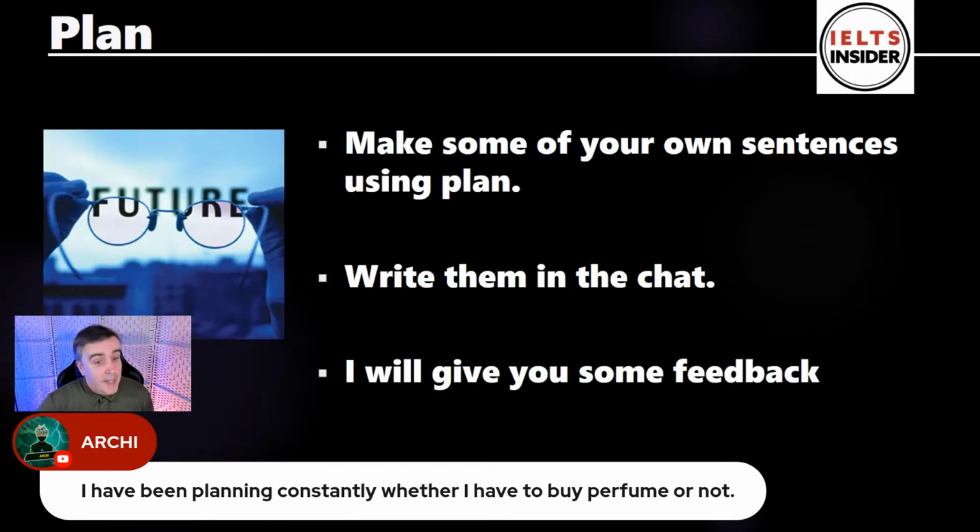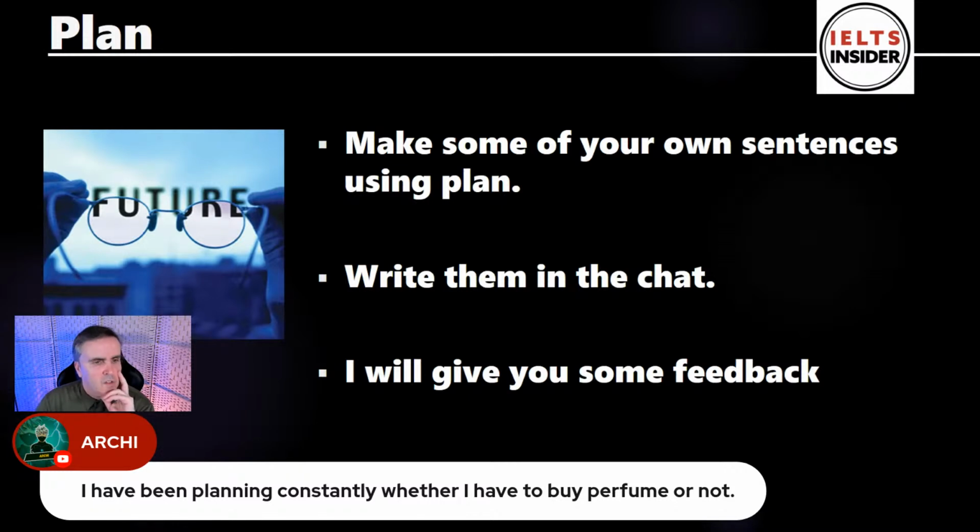I have been planning constantly whether I have to buy perfume or not. So here we're not talking about the future. You are talking about the past. So this is past perfect continuous. Yeah, I have been planning.